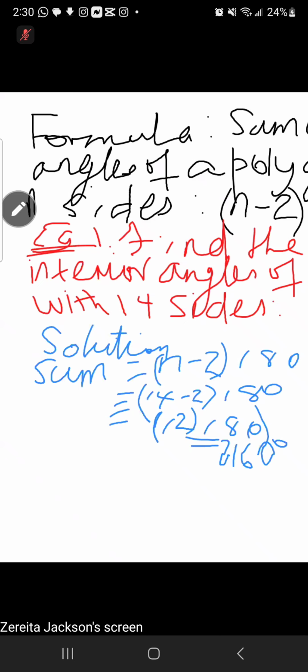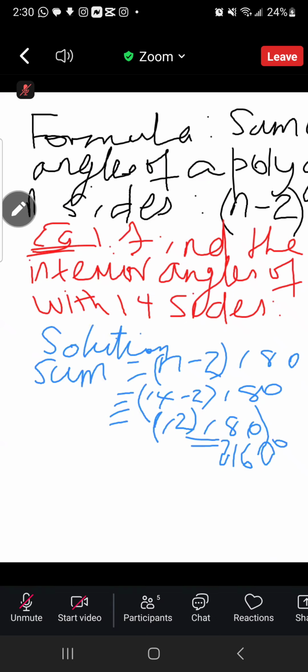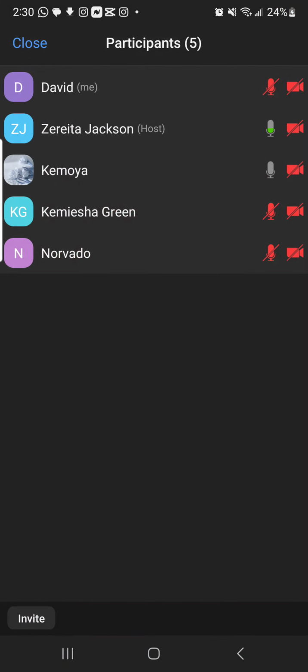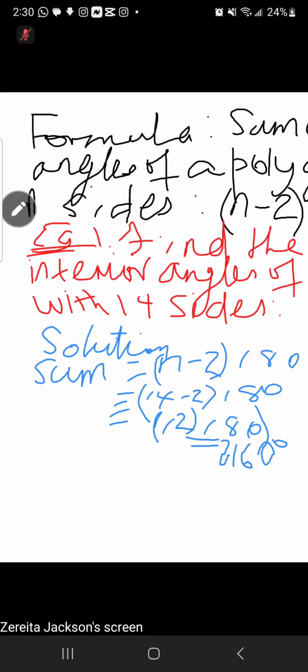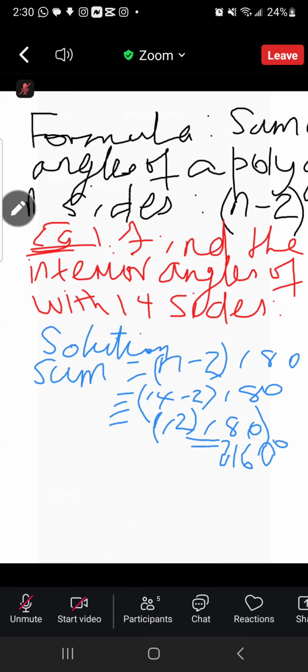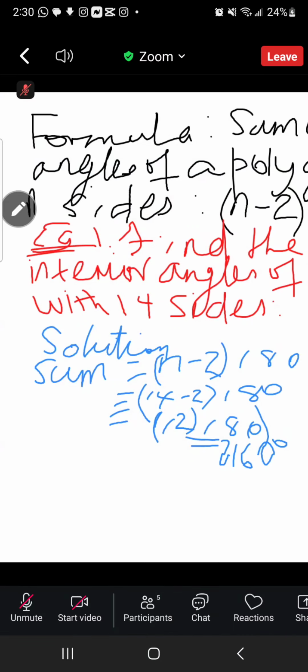Everybody get that? Yes, miss. All right. Work out the sum of the interior angles of a polygon with 22 sides.